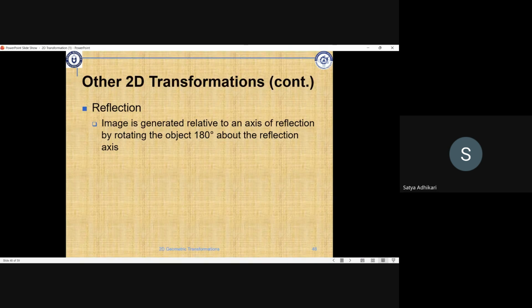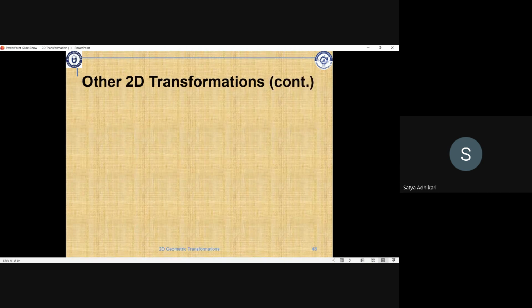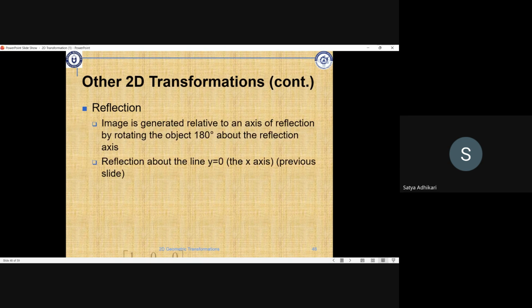In the original position, 1 is in the top position, but in the reflected position, 1 dash is at the bottom. So reflection about the line y equal to 0, the x-axis. This is the reflection matrix: 1, 0, 0, 0, minus 1, 0, 0, 0, 1.